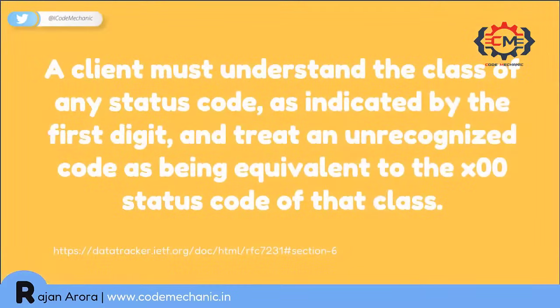The HTTP specification states that clients must at least understand these 5 classes of status codes even if the specific flavor of code is not understood. Any unrecognized code should be treated like its base 00 code prefixed with that class's first digit. Different operations typically have different status code responses.